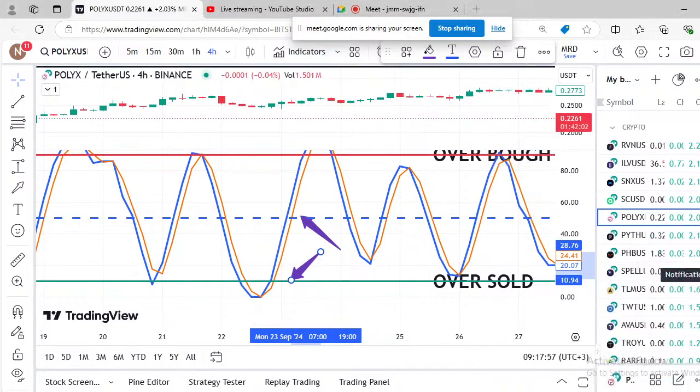Hope you are getting my point. You should be having margin calls. You should trade between the dotted one and the green one, which is line 10. Or you can trade between the dotted line and the oversold region.